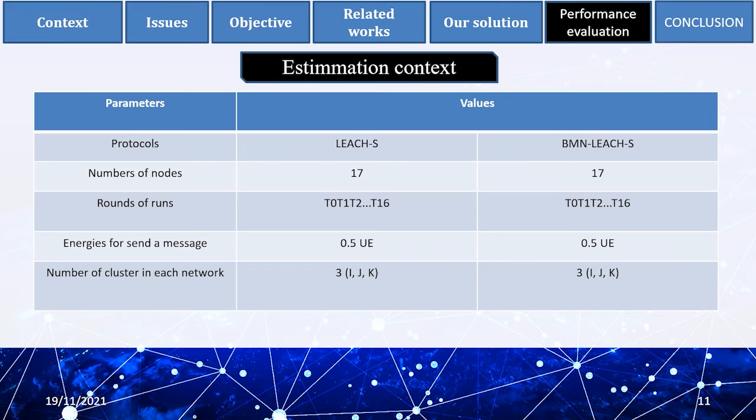In the experimental phase, the 17 nodes form 3 clusters, namely cluster I, cluster G, and cluster K. Each node has 20 energy units as its initial energy.